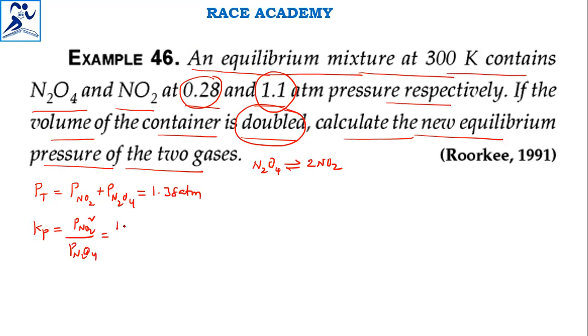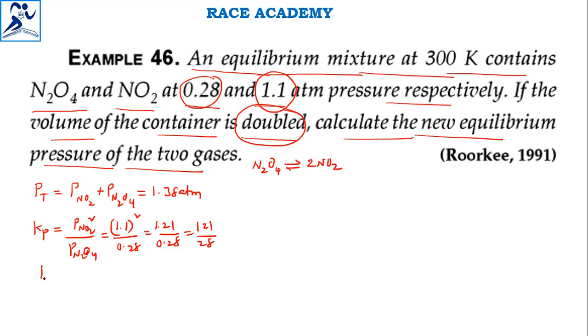So that can be written as 1.1 whole square by 0.28. 1.1 whole square is 1.21 divided by 0.28. Also you can write it as 121 by 28.